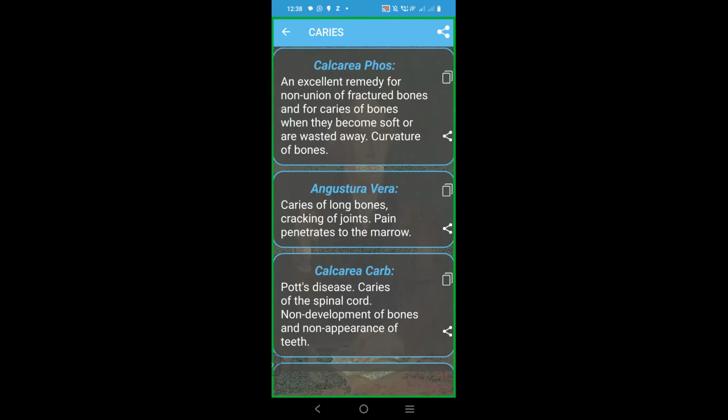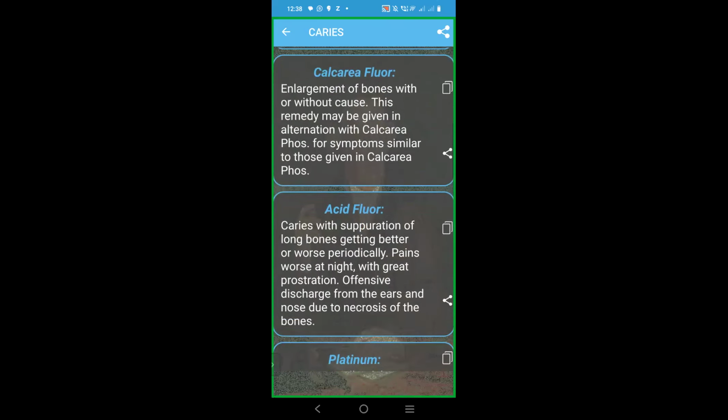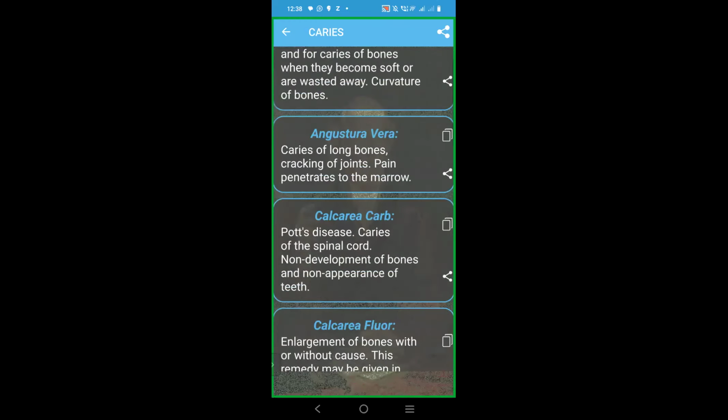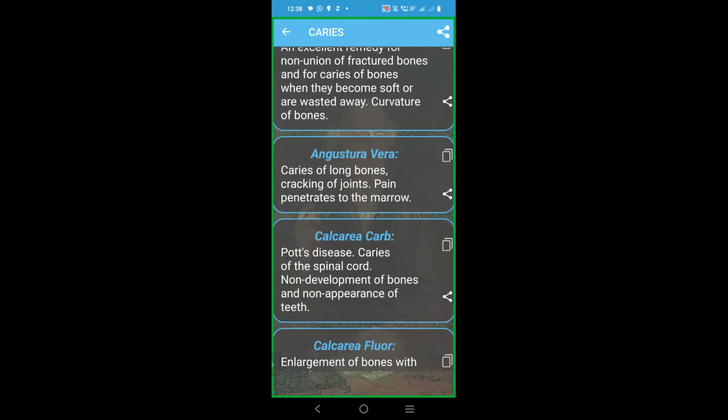So we understood what bone decay is, and enlargement of the bone without cause. This remedy may be given in alternation with calcarea phos. Calcarea phos and calcarea carb, caries of the spinal cord, non-development of the bones.